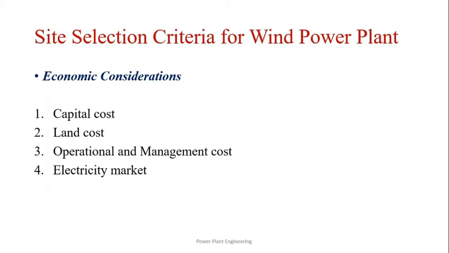First, capital cost. Construction, electrical connection, grid connection, planning wind turbines, approvals, utilities and management are the main components of the capital cost for a wind power plant.